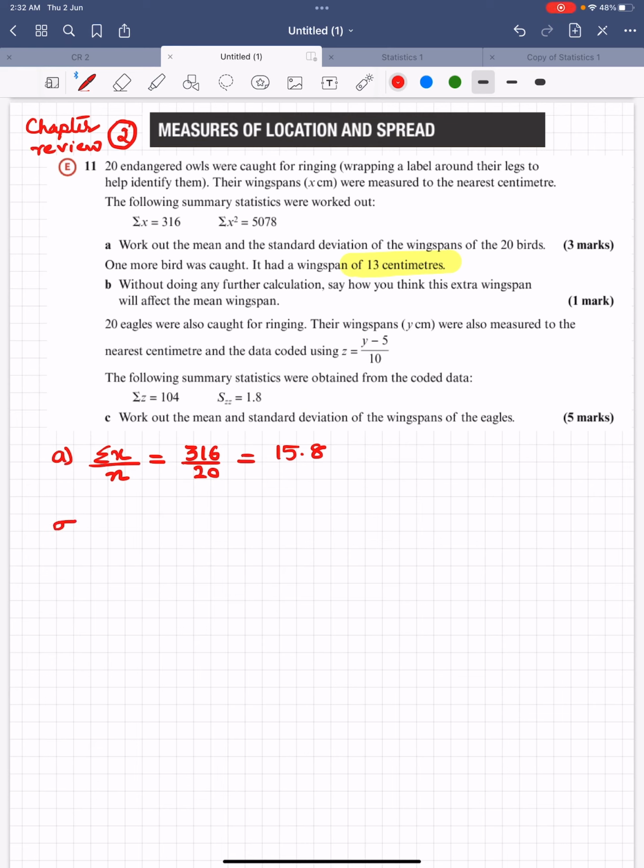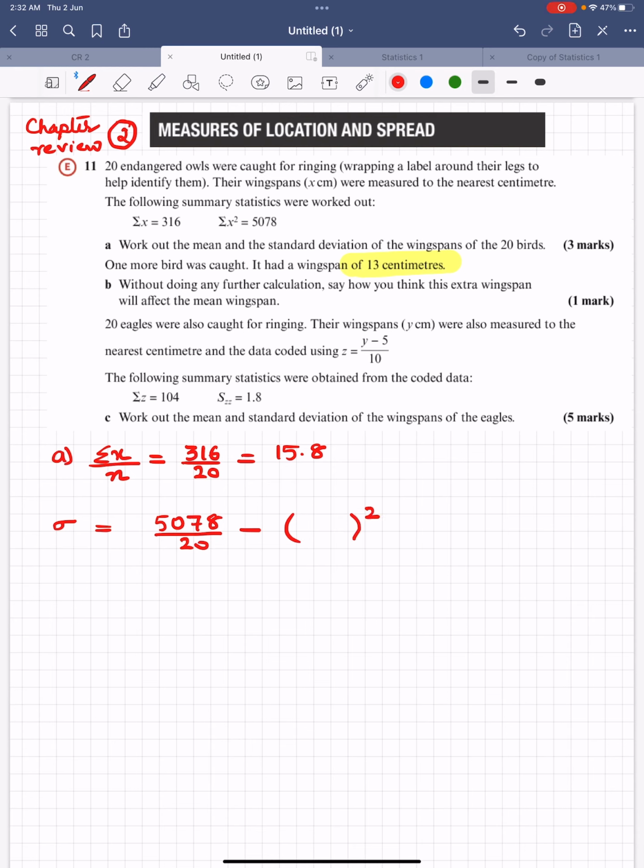Working the standard deviation is equal to the mean of the squares. So we have the squares here and we will take their mean. So 5078 divided by 20 minus the square of the mean.